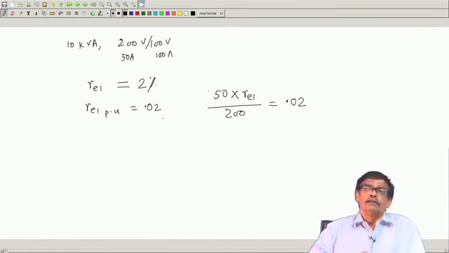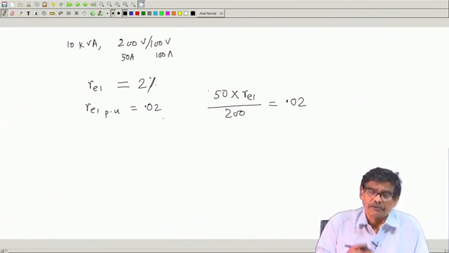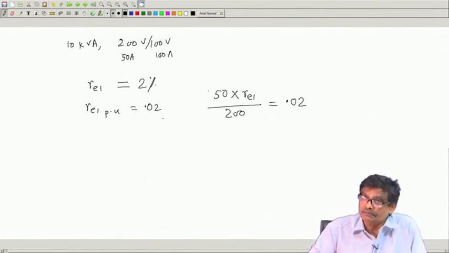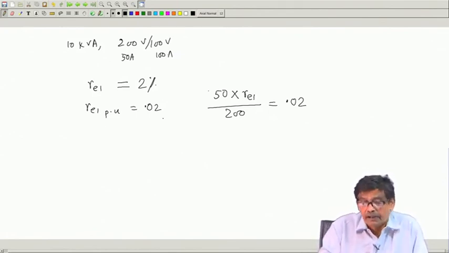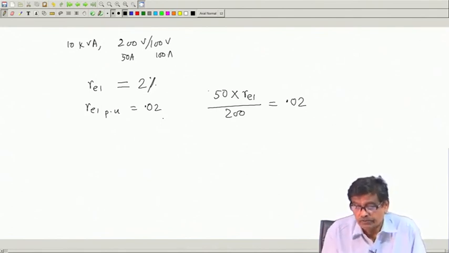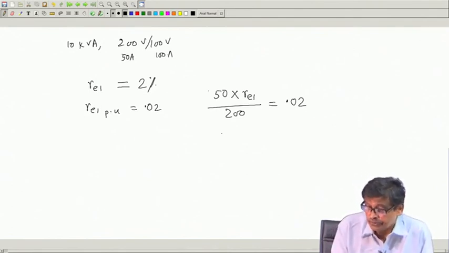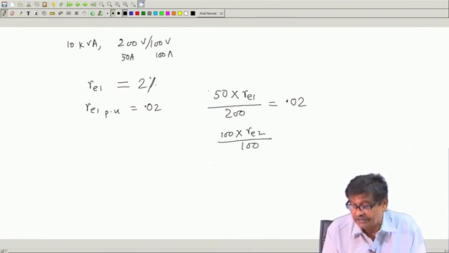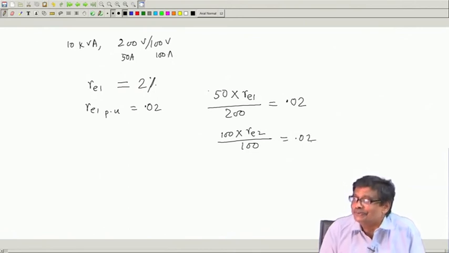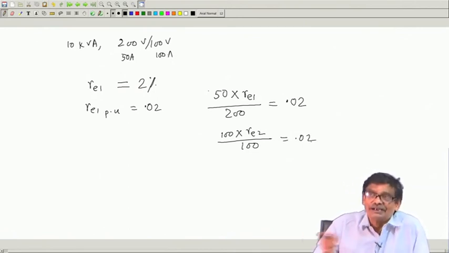So, in some problems, instead of giving you absolute values of Re and Xe, per unit values are given, but try to understand physically. Per unit values mean the voltage drop in Re1 or Re2 at rated current. Similarly, on the other side, 100 into Re2 divided by the rated voltage here will also be 0.02, because of that ratio.